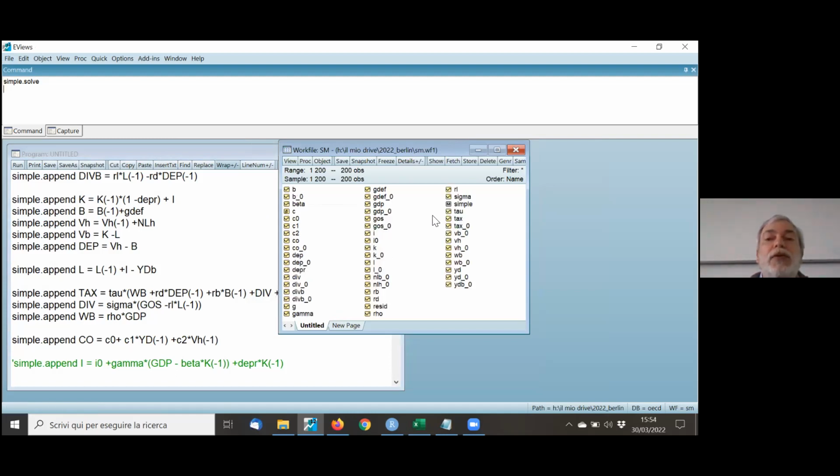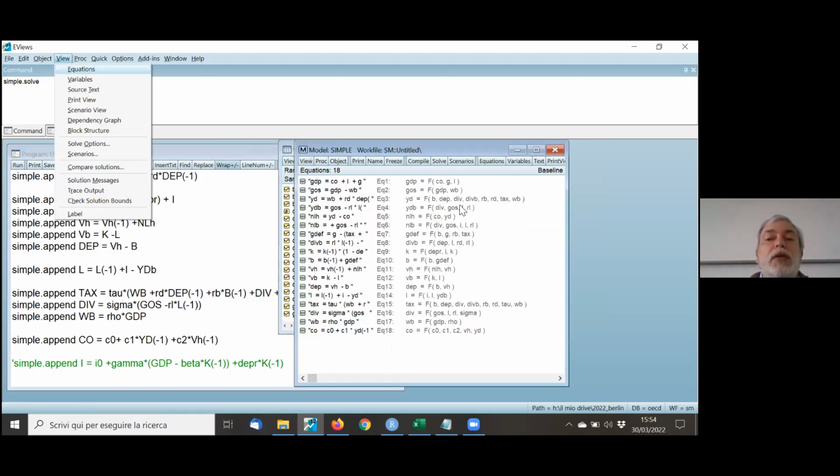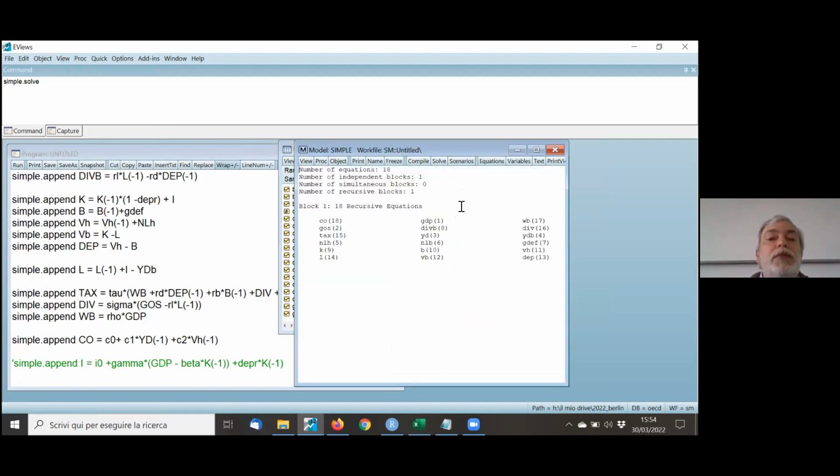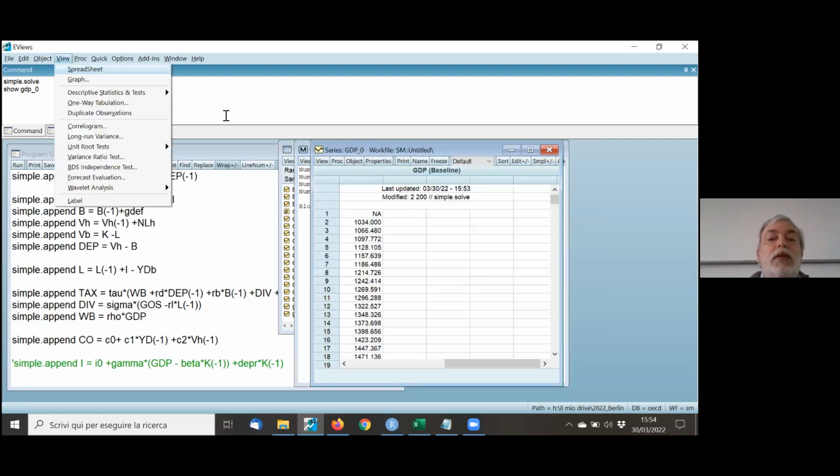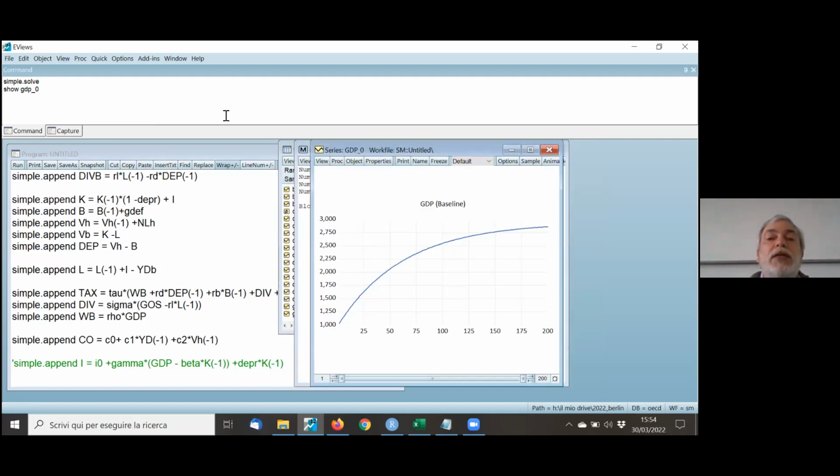Now this solves easily. And the system is completely recursive. But let's see whether we don't get a steady state. Well, actually, we tend to a steady state for a much higher value.